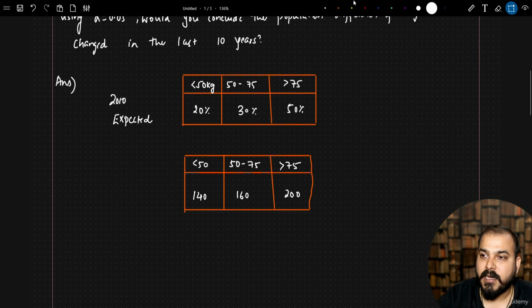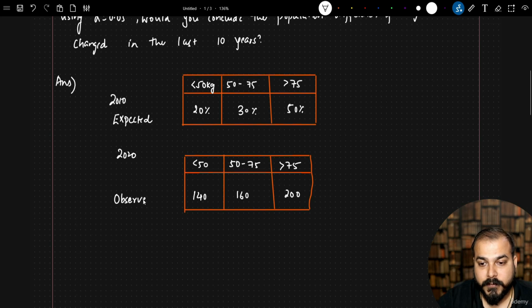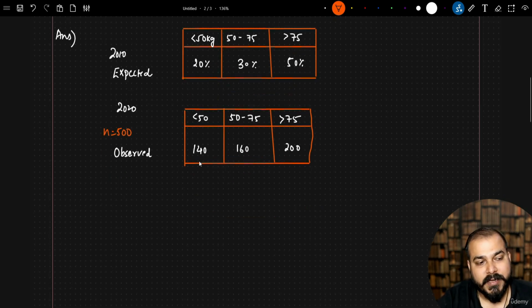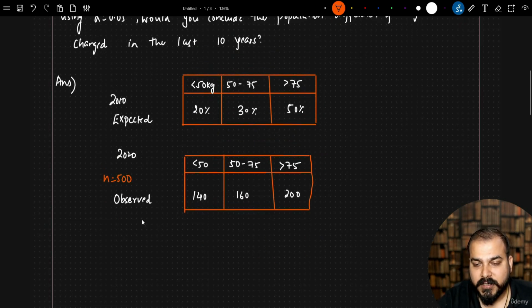So this data is of 2020, and this is for sample n is equal to 500.